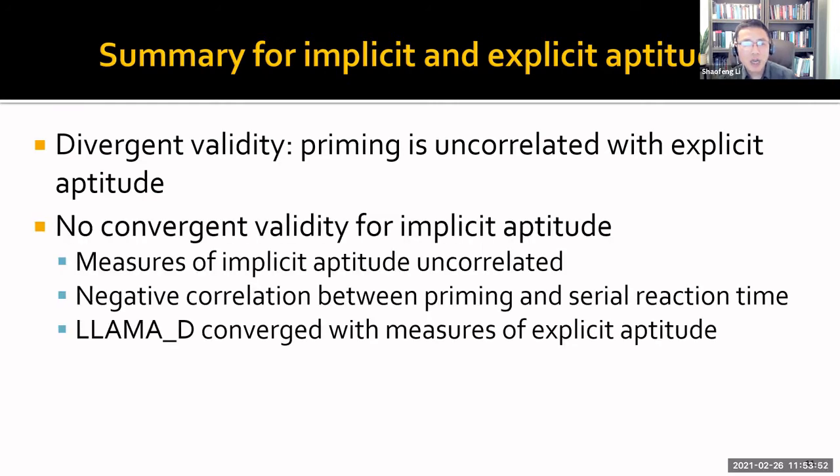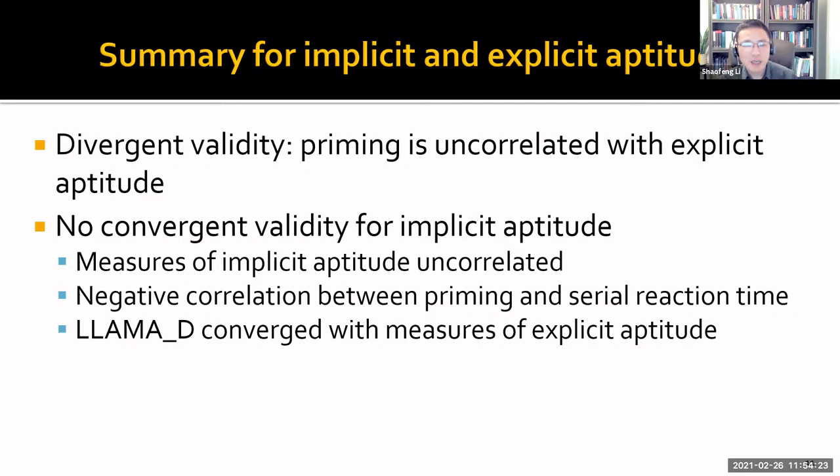However, there was no evidence for convergent validity because the measures of implicit aptitude, including syntactic priming, Llama-D, and sequence learning, were uncorrelated. There was even a negative correlation between priming and serial reaction time or sequence learning, which were both hypothesized to be measures of implicit aptitude.